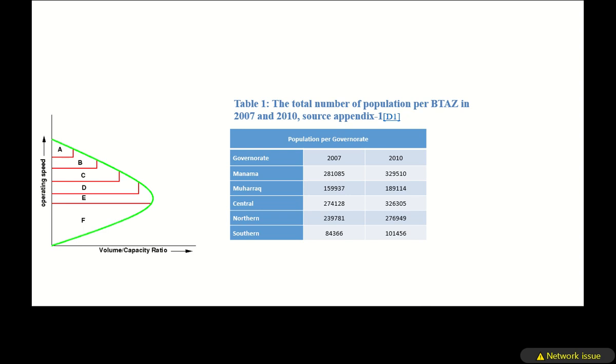Here I was not sure, so I put it in a table. And even if I try to plot it, there is too much variation, from each year to another year, from each governorate to another governorate. So it will mess up the graph. So instead of putting it in a graph, I put it in a table.